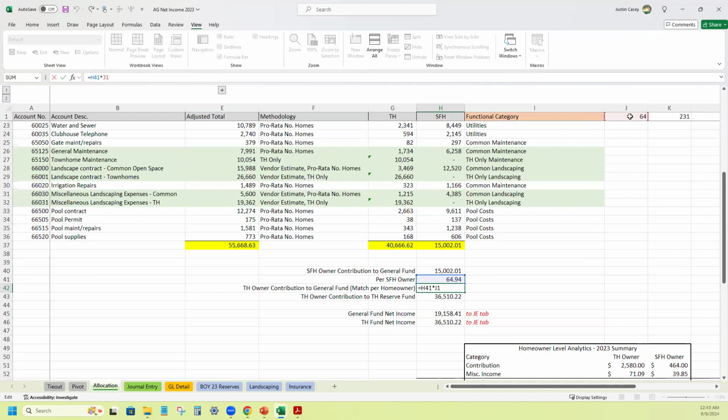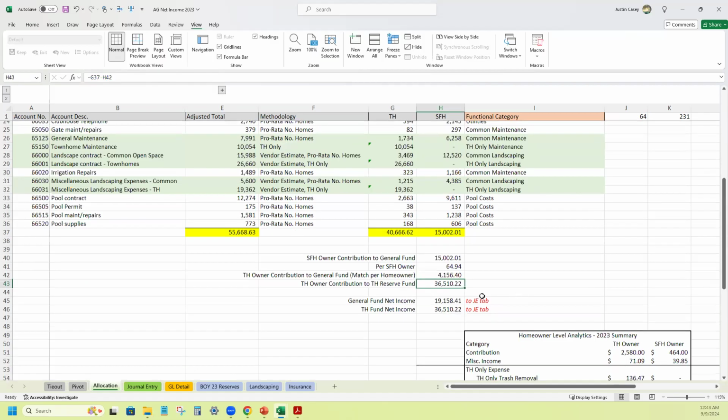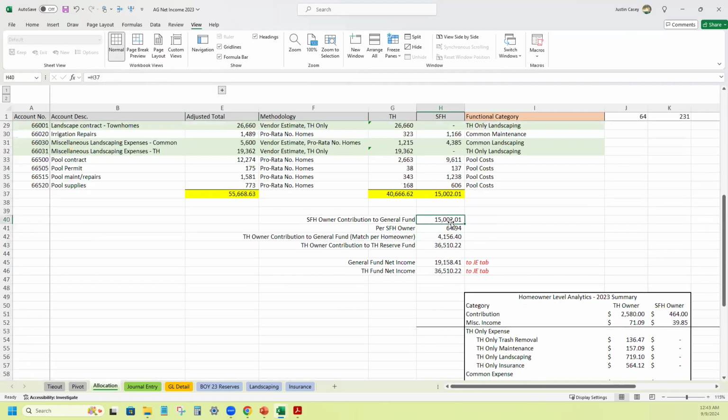J1, right? Feel free to pause the video and look at the formula inputs. Town homeowner contribution minus the town homeowners contribution to the general fund equals the town homeowners contribution to the townhome specific reserve fund. Okay, great. So I'll walk through that one more time.